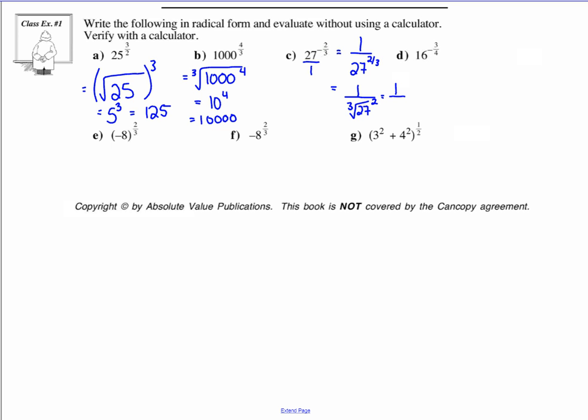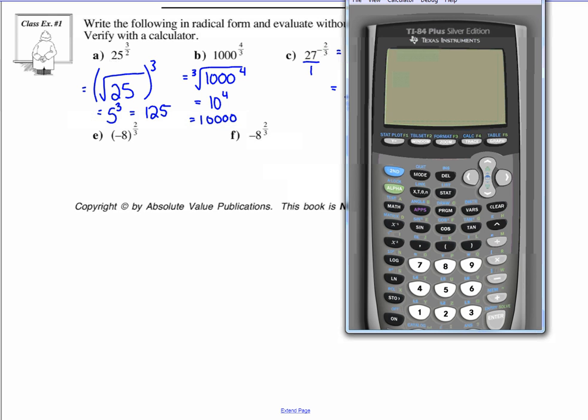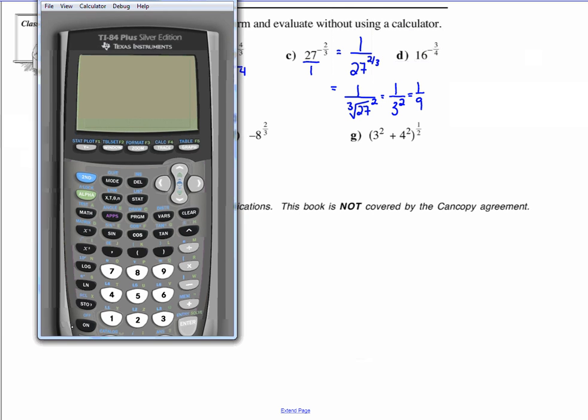Cubic root of 27 is what? 3, because 3 cubed is 27. So 3 squared. After we cubic root, now I'm going to square it. 1 over 9. So if you grab your calculators, I'm going to show you how to type this in.